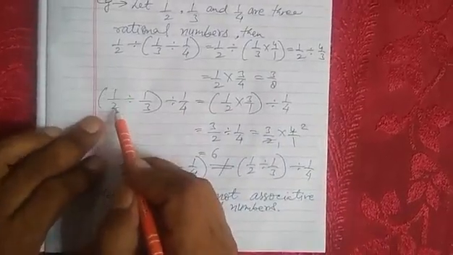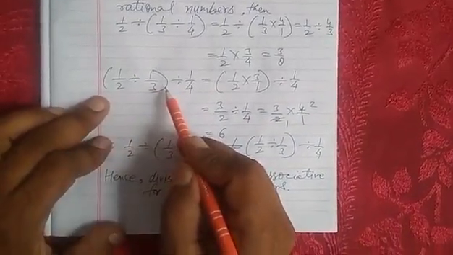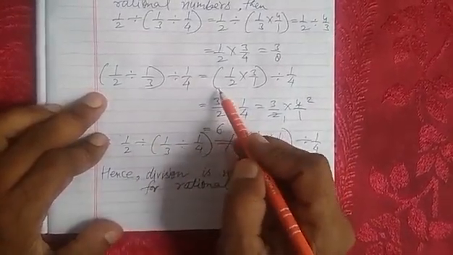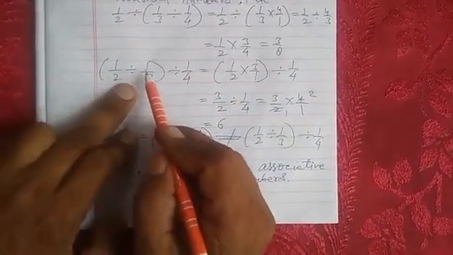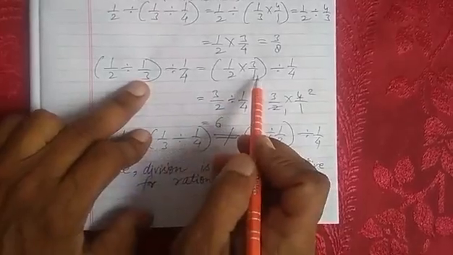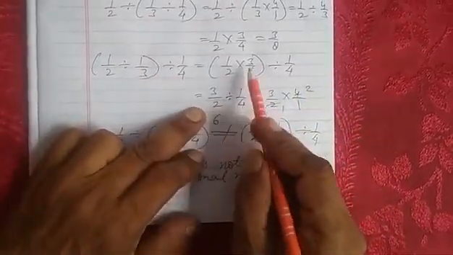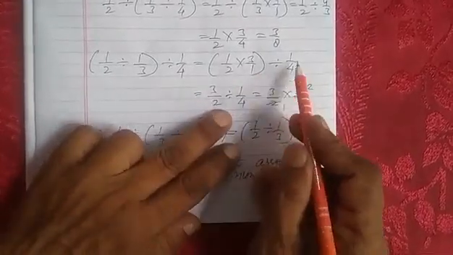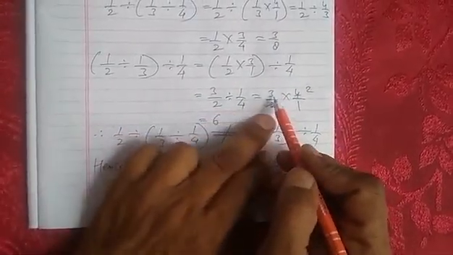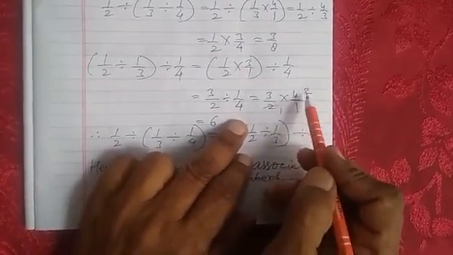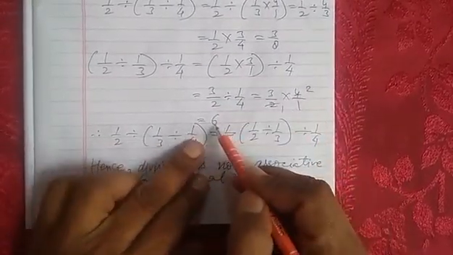And (1 upon 2 divided by 1 upon 3) divided by 1 upon 4 is equal to (1 upon 2 into 3 upon 1) divided by 1 upon 4, which is equal to 3 by 2 divided by 1 upon 4, which is equal to 3 by 2 into 4 upon 1. 2 1 is 2, 2 2 is 4, 3 2 is 6, which is equal to 6.